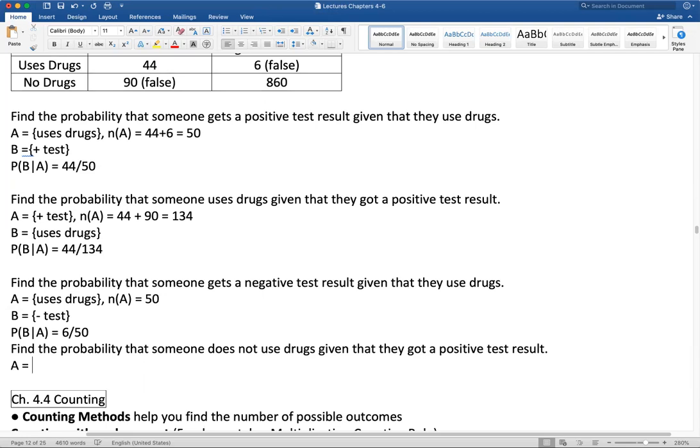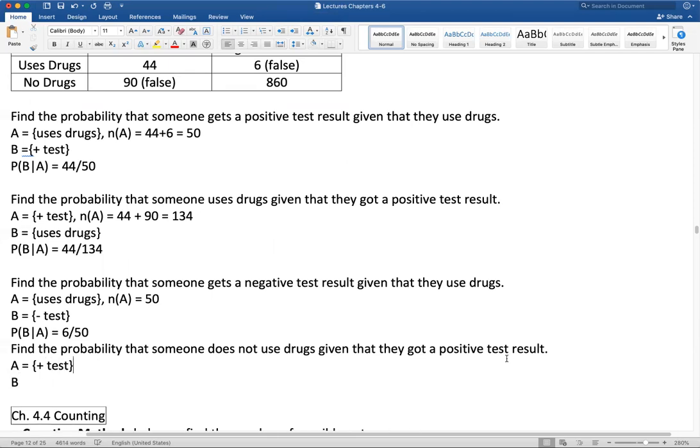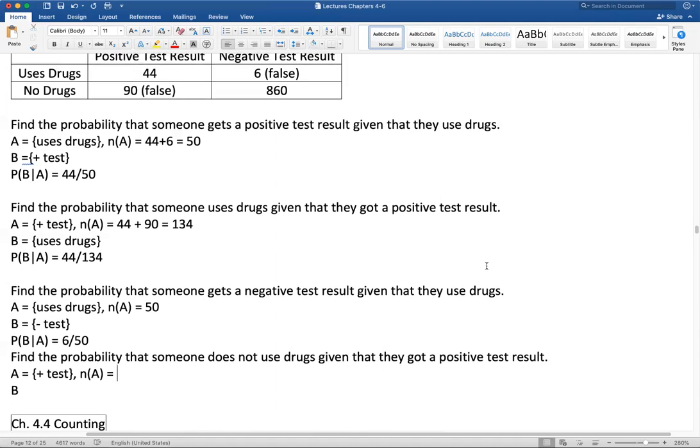Okay. And then the last problem. A is going to be, let's see, they got a positive test result. Also the number of outcomes in event A is going to be, the positive test result, 134, right?